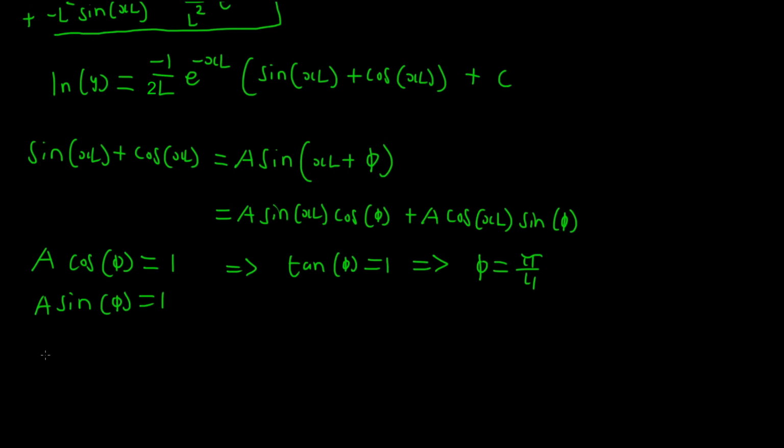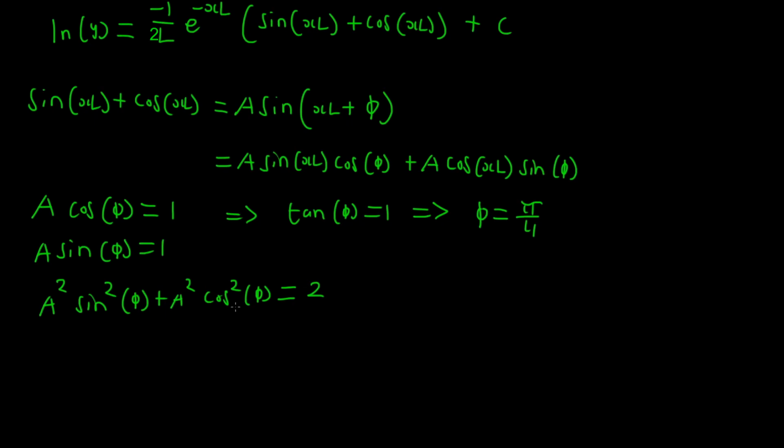And applying the Pythagorean theorem, A squared sine squared of phi plus A squared cosine squared of phi, that's equal to 2, because we add these two equations squared together, and then sine squared plus cosine squared equals 1. So what we in fact have is A squared equals 2, and we want to take the positive one here, just because over here for phi we picked pi over 4. If we picked the negative one, we'd have to have a different phase shift.